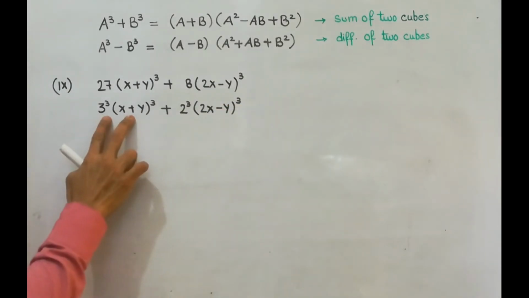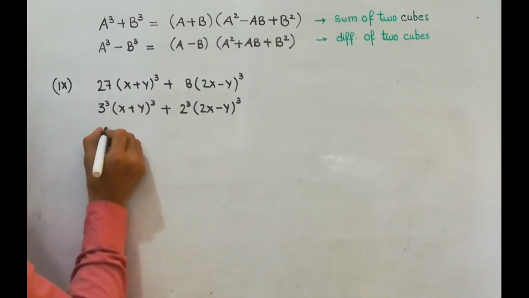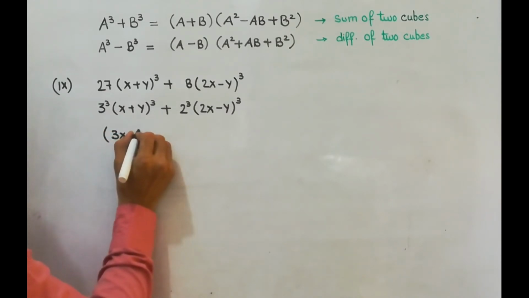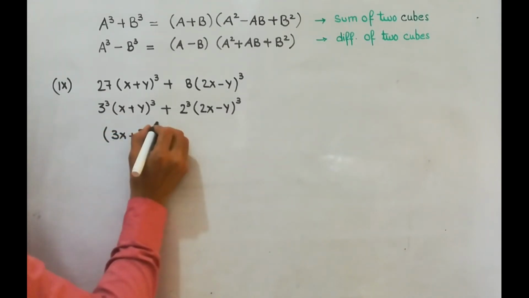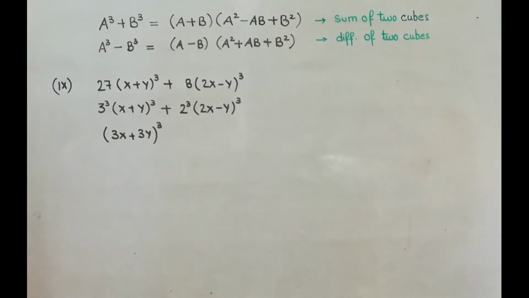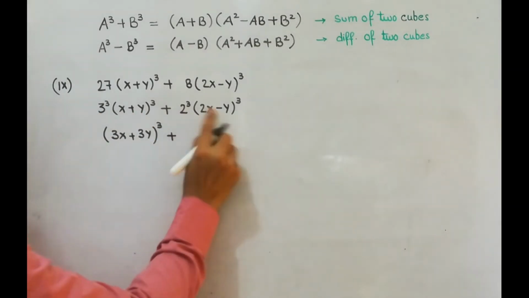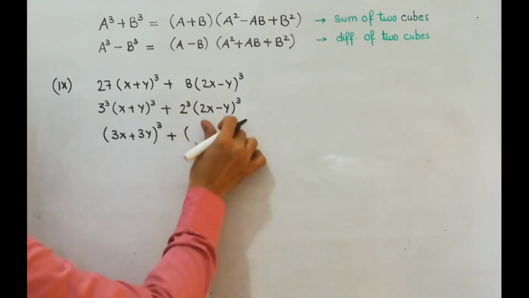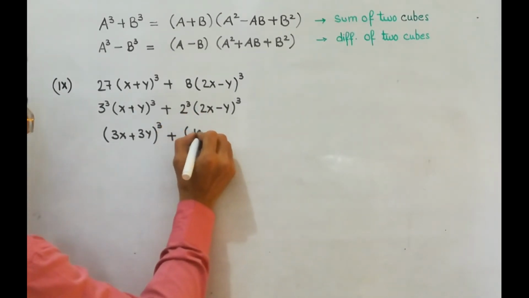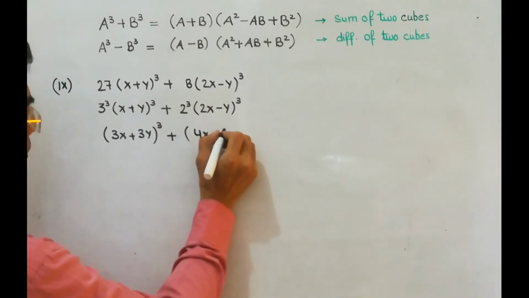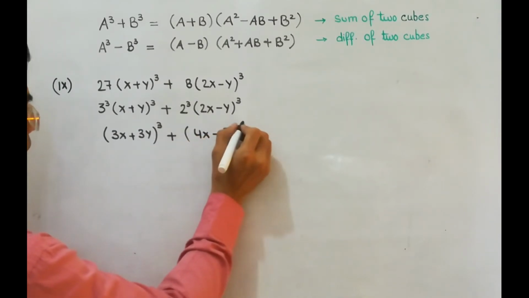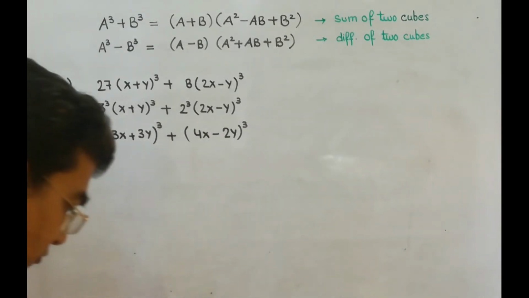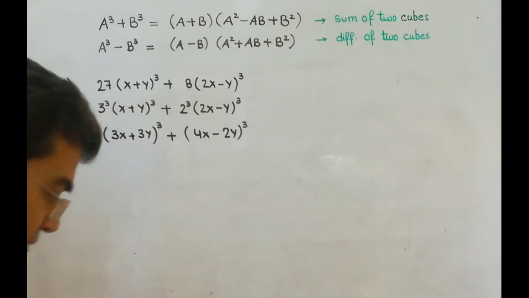Now when two cubes are multiplied, you multiply them and take the cube common. Here also two cubes are being multiplied, so you multiply them and take the cube common. So finally, in what form have you written the given question?